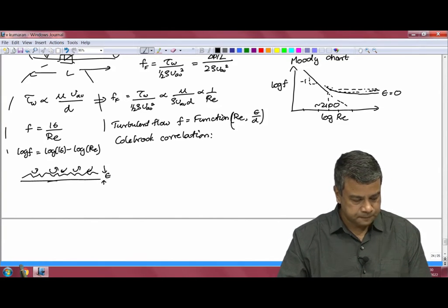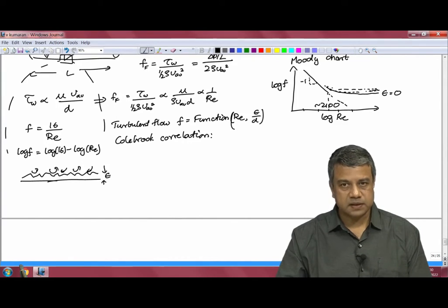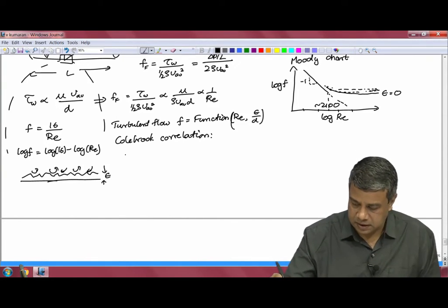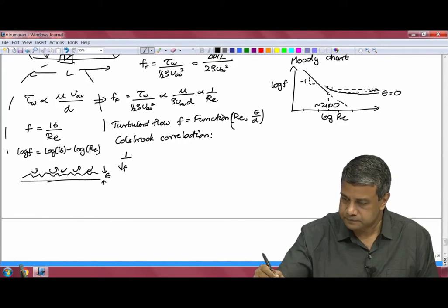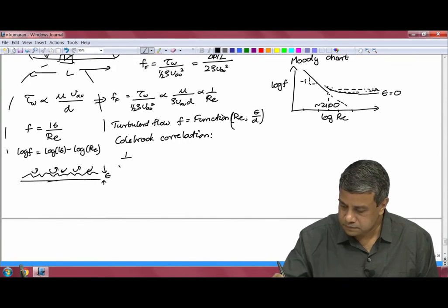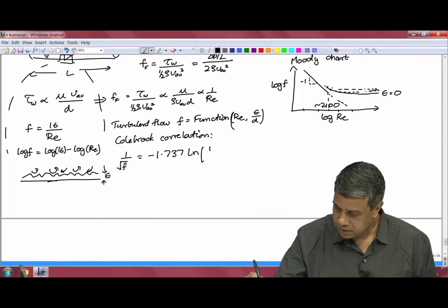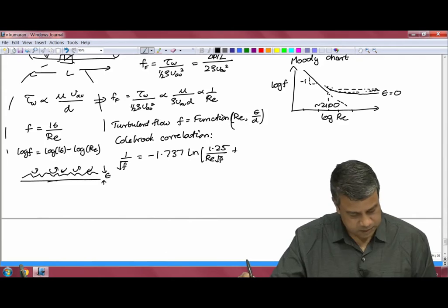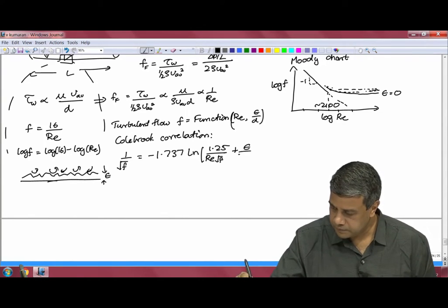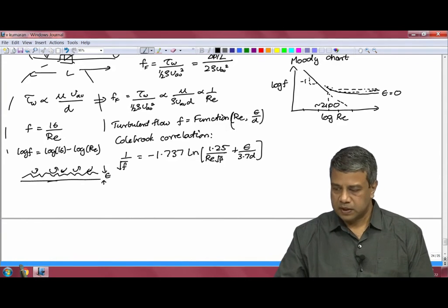This is an implicit relation. It is written as 1 over square root of f is equal to minus 1.737 ln of, plus, as expected.